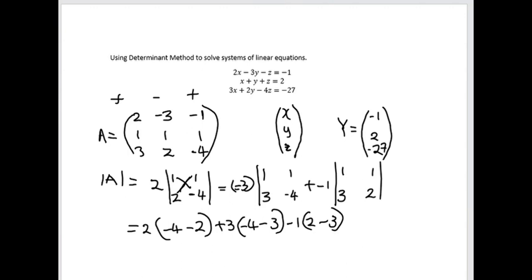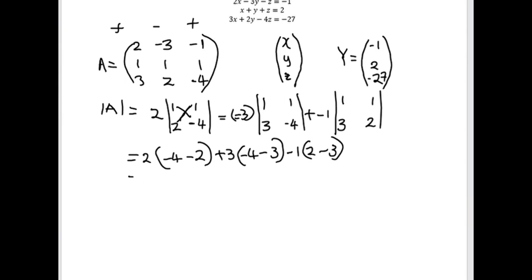Alright, so let me go ahead to compute my result. So this will be 2 times minus 4 minus 2, which is minus 6, plus 3 times minus 4 minus 3, which is minus 7, minus 1 times 2 minus 3, which is minus 1. So this will be 2 times minus 6 is minus 12. 3 times minus 7 is minus 21.